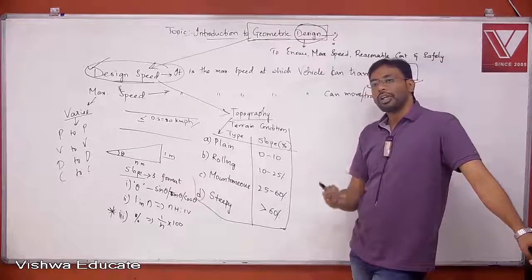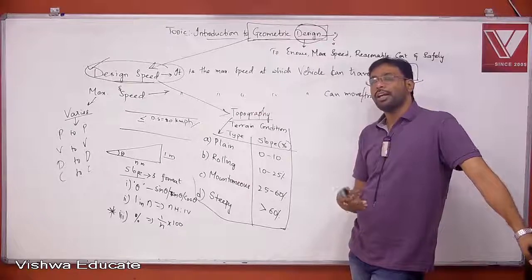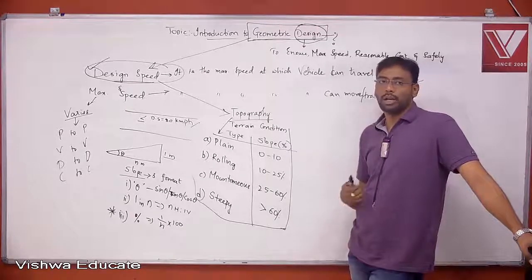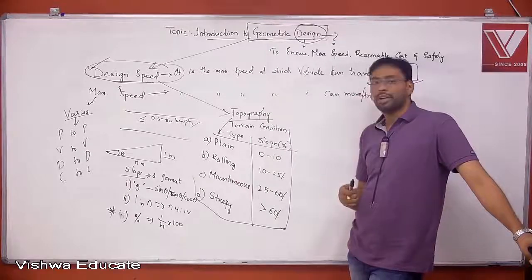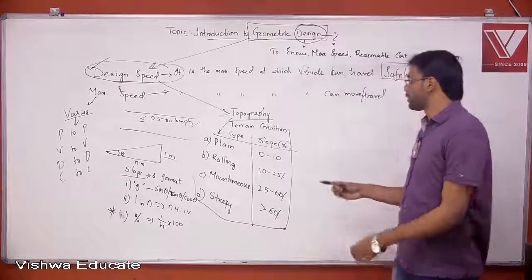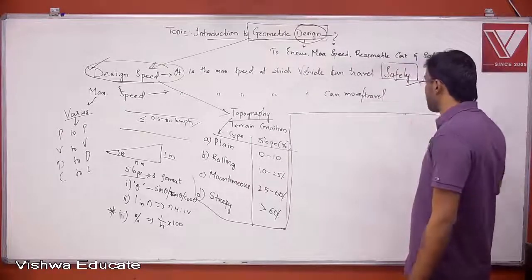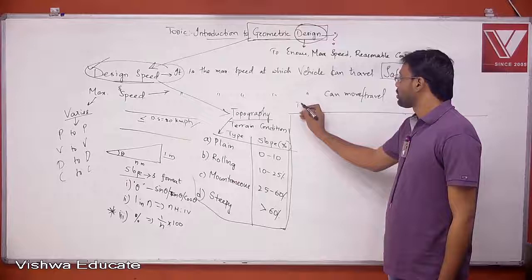And for each type of road, it has got a value of design speed, which is given by IRC, and that is as per this table, which I'm going to write here. So we have different types of roads.